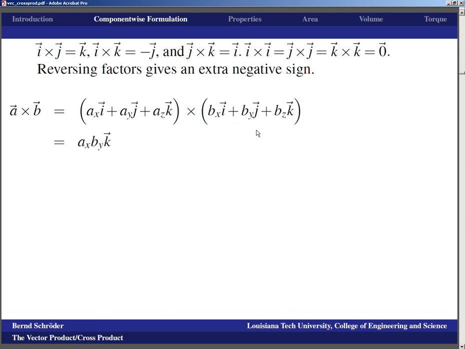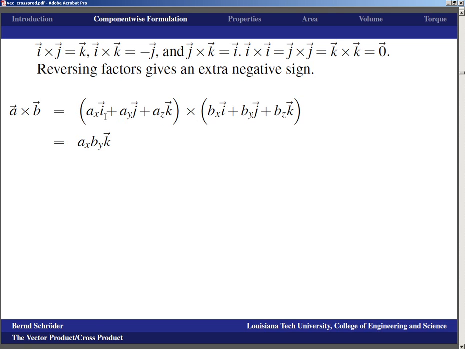And let's just go ahead and multiply that out. So let's assume that multiplying things out works just like it should, and we're going to prove later on that it does. Well, AXI cross BXI, any vector multiplied with itself in the cross product just gives us 0. So that means that the I cross I, the J cross J, and the K cross K contributions go away.